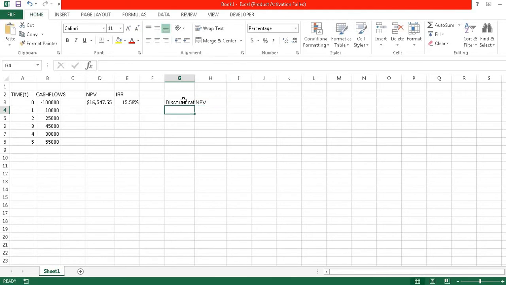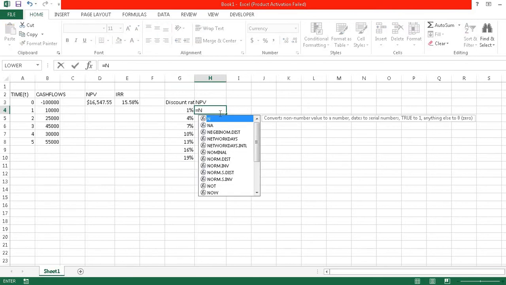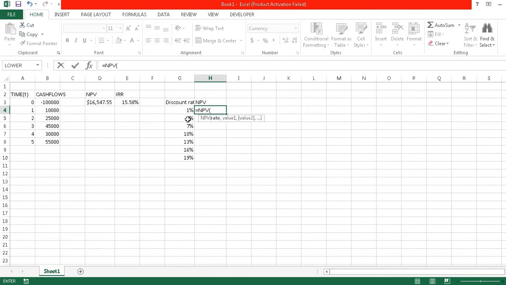So let's place the discount rate starting from 1% at the interval of 3%. 1%, then 3 plus 1 is 4%, 4 plus 3 is 7%, then 10, 13, 16, 19. Okay, that's enough.